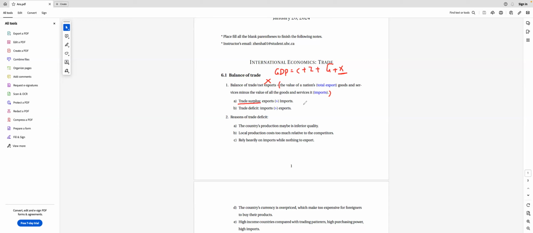Loosely speaking, a trade surplus is kind of a good thing. We can be very happy if we get a trade surplus, because money is flowing into your country, because we are making money from foreign countries.